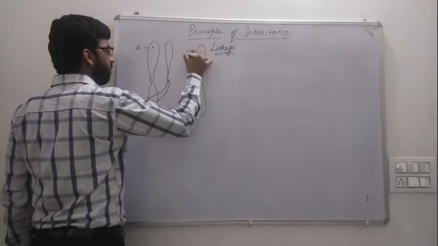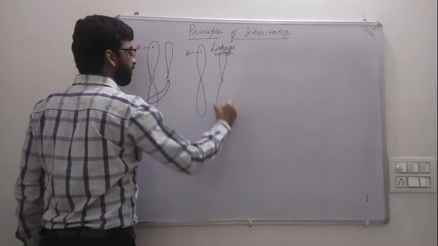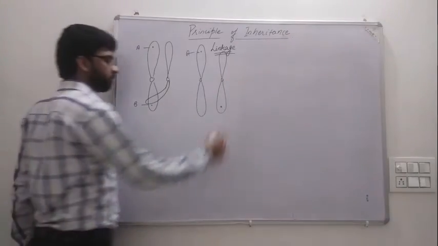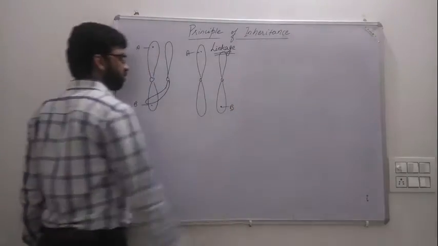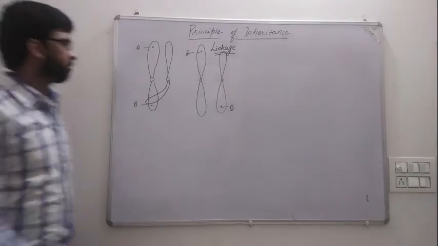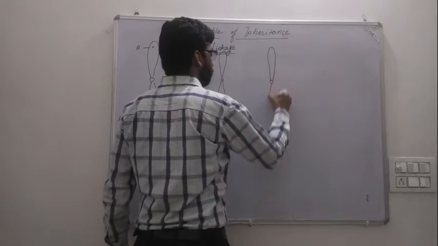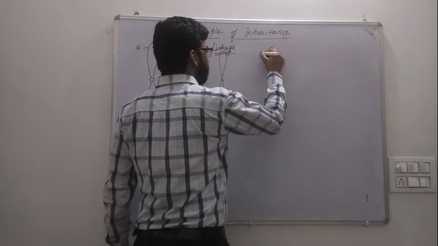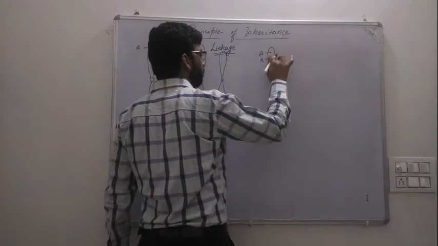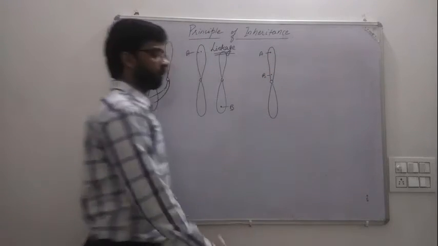Gene A remains on the chromosome and gene B goes to the other chromosome. We do another possibility here: gene A here, gene B here.